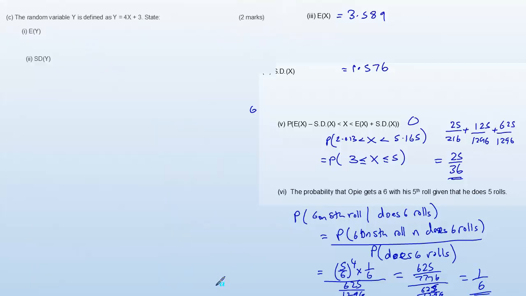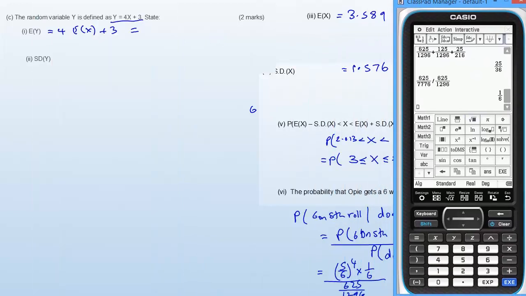So the expectation of Y, well, that's just going to be 4 times the expectation of X, add 3. But you actually have to work it out. So just grab the calculator. I'm going to clear everything. So you actually have to do 3 times 3.589 and then add 3 to that.